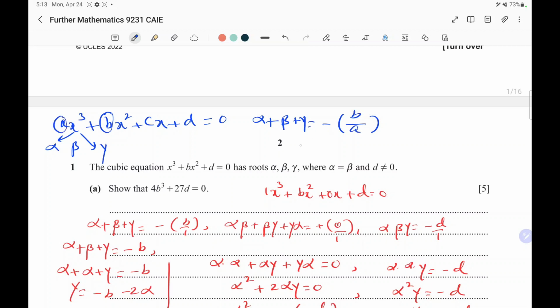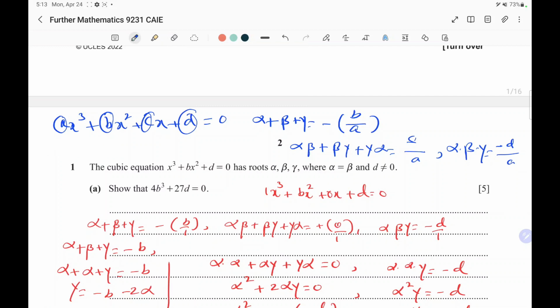Now the sum of product of roots taking 2 at a time, it means alpha beta plus beta gamma plus gamma alpha, that is the x coefficient, which is c over a, and the product of roots alpha, beta and gamma, which is the constant, but outside you have to apply minus d over a. So how can you remember when to apply plus and when to apply minus?